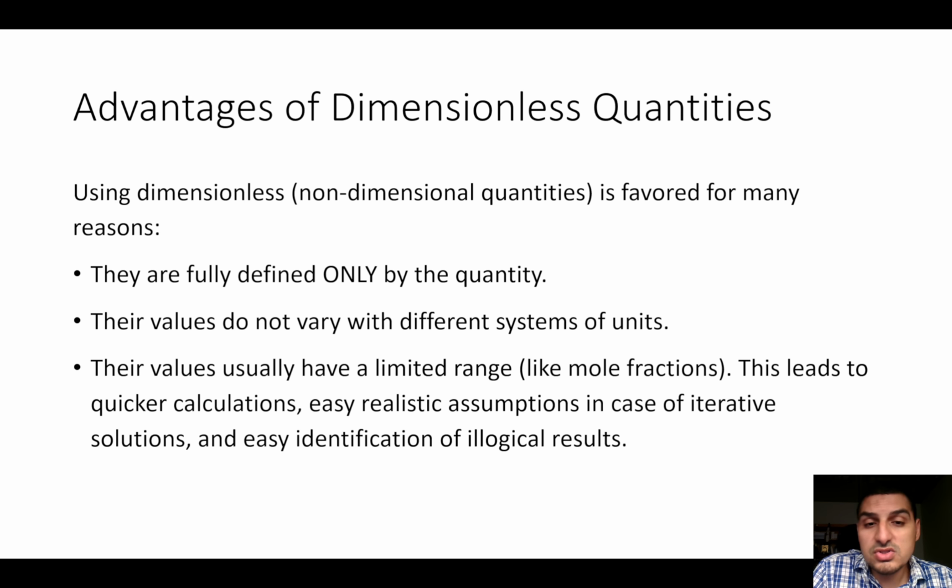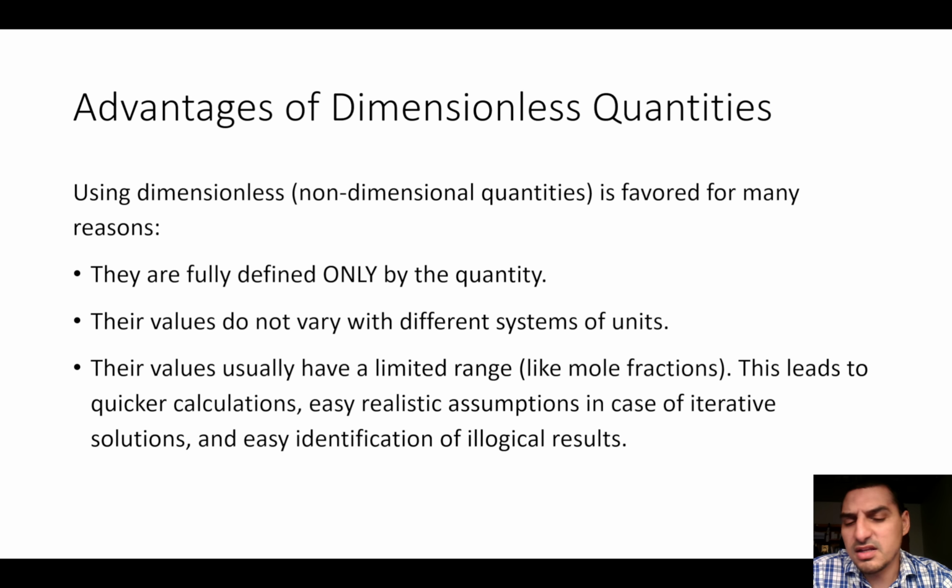One more advantage is that having this limited range gives you a good way of evaluating whether the solutions that you get are logical or not. For instance, if you do calculations and calculate the mole fraction and you find it to be, let's say, 1.5, without hesitation, you would know that this is not correct, that there is something wrong with your calculations.